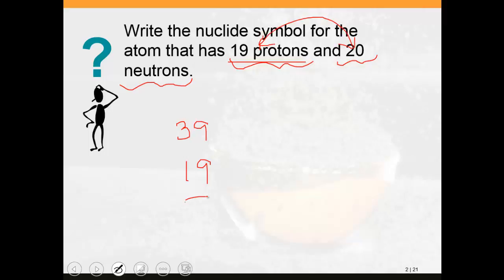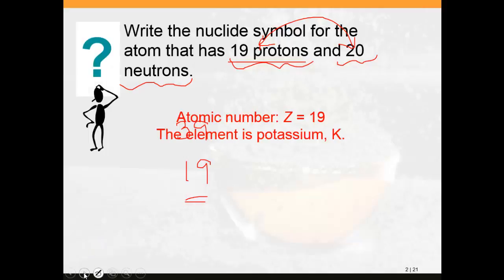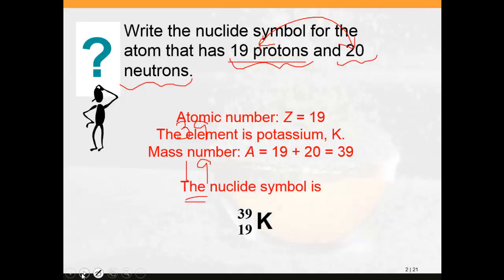All we need to do is look up what is element number 19 on the periodic table. The element is potassium. So if we were to write the nuclide symbol for this, we have 39 upstairs, our 19 downstairs for our atomic number, and then we have capital letter K as our atomic symbol.